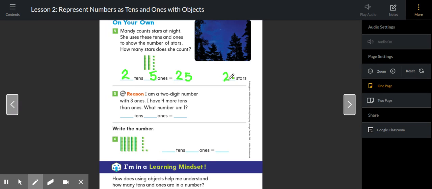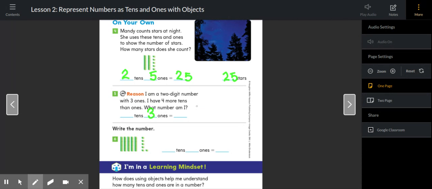I love this next problem. When I was working through these earlier, it's a riddle. We love riddles, don't we? Reason. I am a 2-digit number. So remember we talked yesterday, that means 2 little numbers in my number. I am a 2-digit number with 3 ones. So we know right away, we're going to put a 3 right here. They told us we have 3 ones.